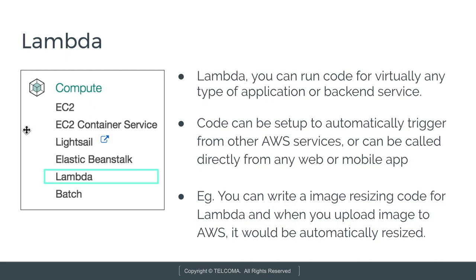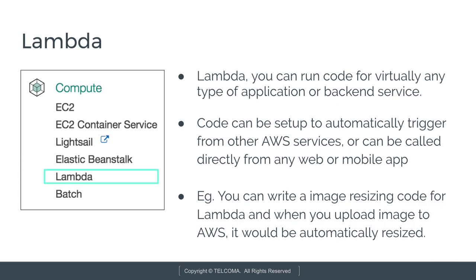Next we have AWS Lambda. AWS Lambda runs code without provisioning or managing servers. It executes your code only when needed and scales automatically from a few requests per day to thousands per second. And what is the Lambda deployment unit? It is code.